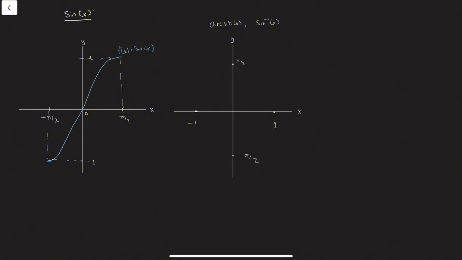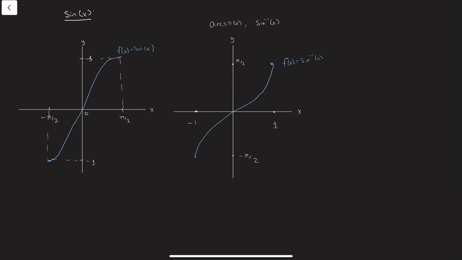Then we have the function can be drawn as such, a reflection of the original across y is equal to x. This is f of x is equal to sine inverse of x.